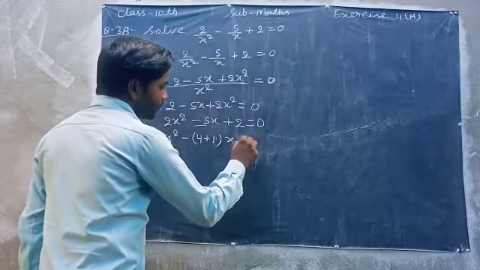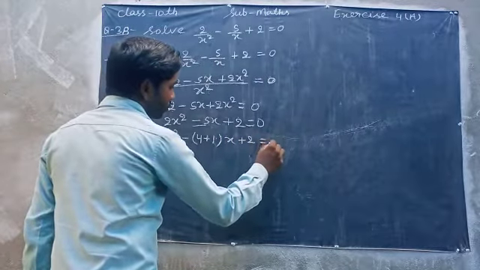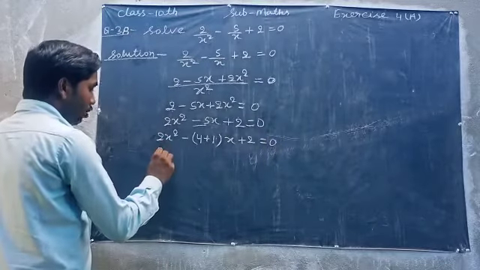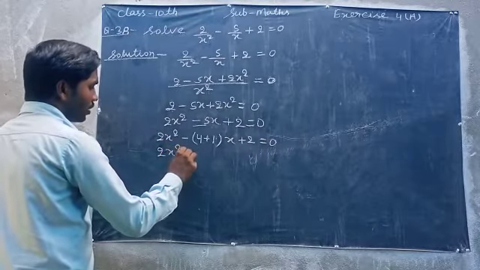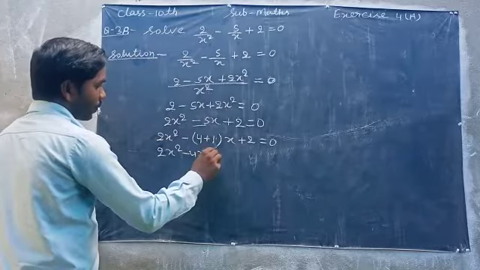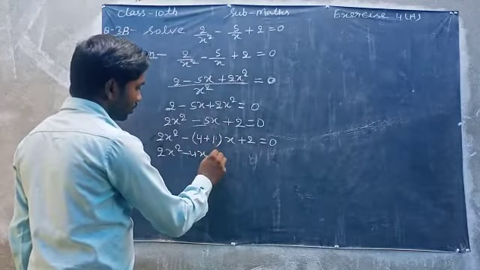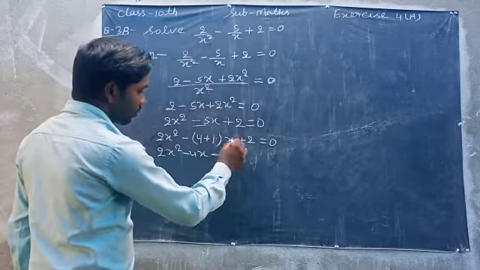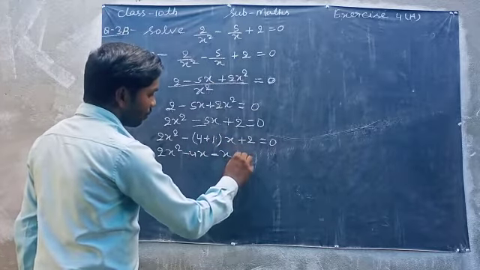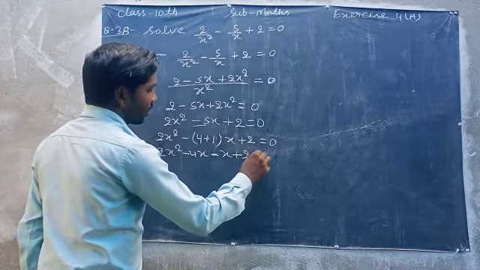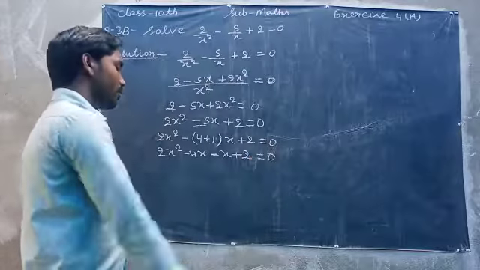And here it is x plus 2 is equal to 0. Now, open the bracket: 2x square minus 4x and minus 1x, means x, plus 2 is equal to 0.